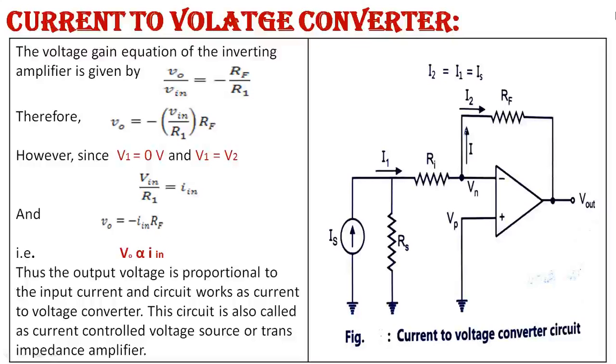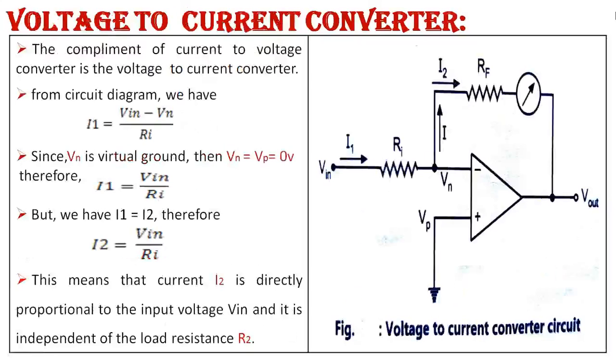That is, the output voltage is directly proportional to the input current. So that's why we say it is a current to voltage converter. Thus, the output voltage is proportional to the input current and the circuit works as a current to voltage converter. This circuit is also called a current controlled voltage source or trans-impedance amplifier.